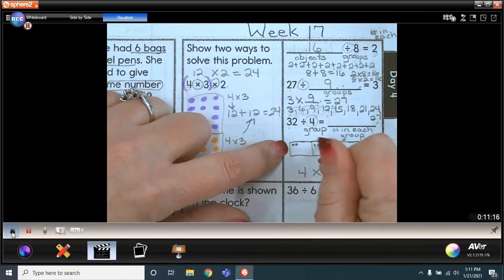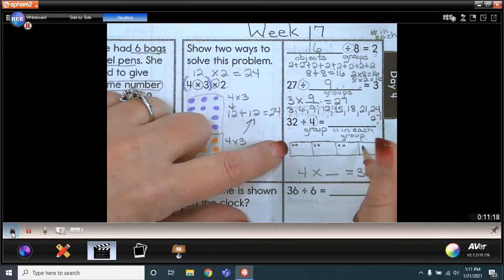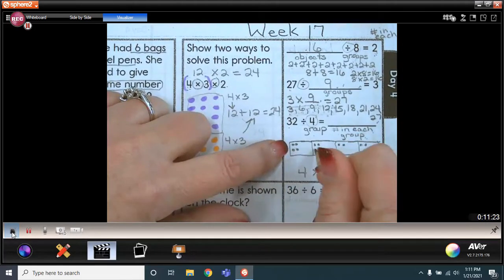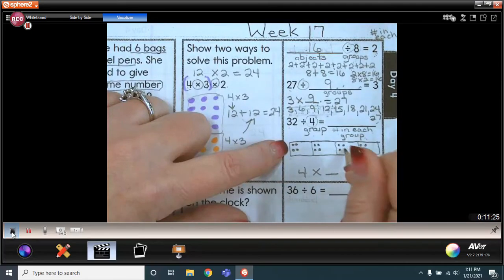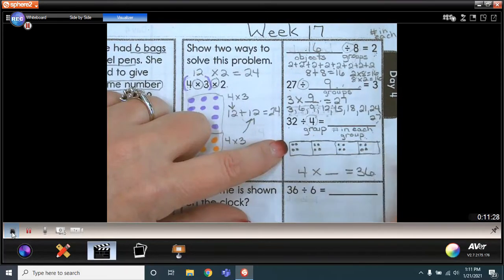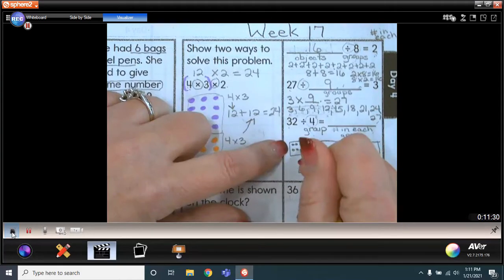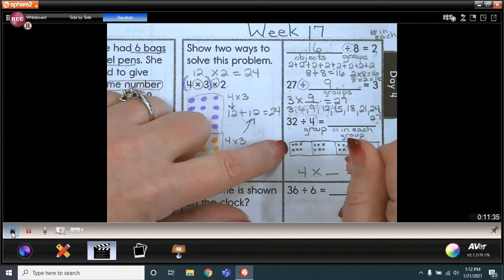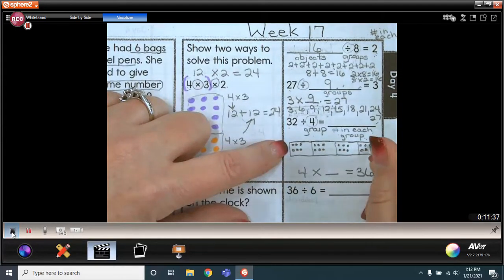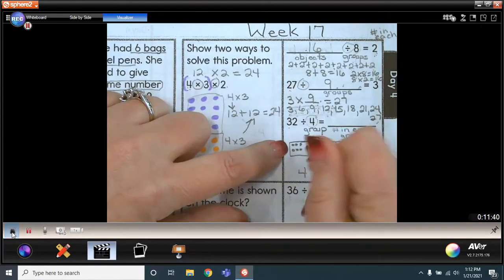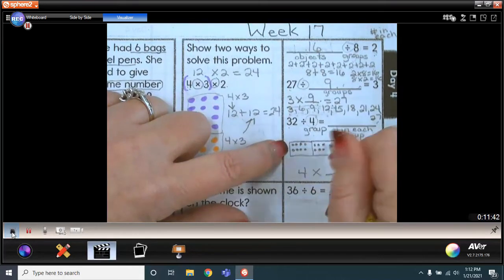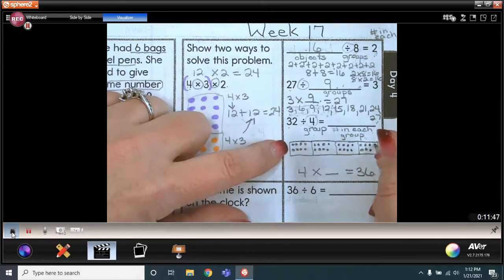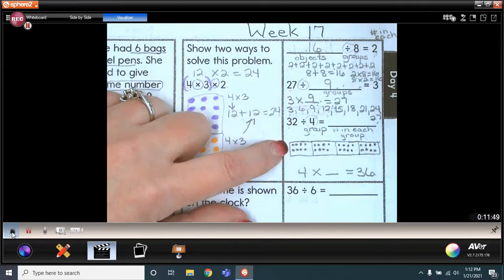So 2, 4, 6, 8, 10, 12, 14, 16, 18, 20, 22, 24, 26, 28, 30, and finally 32.